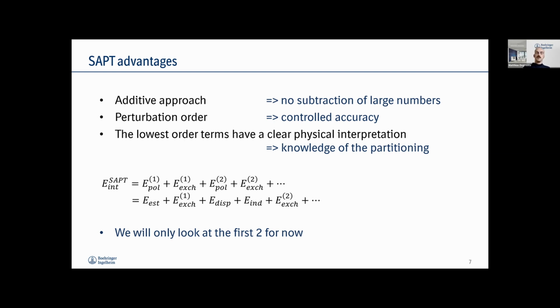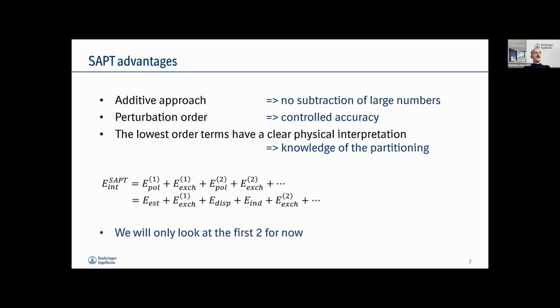So it's the charge on system A interacting with the charge on system B. And then the second order polarization is two dynamical effects. So you have the dipole induced dipole, so that's the dispersion, and then induction, which are just the fluctuations. So these are fluctuations of the vacuum that then induce other fluctuations on the other system.